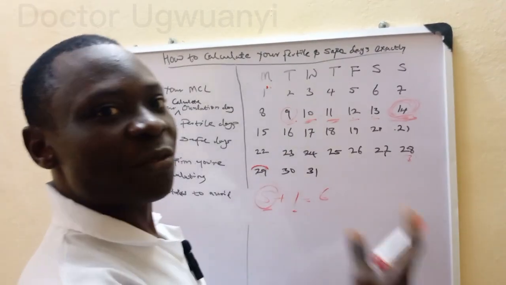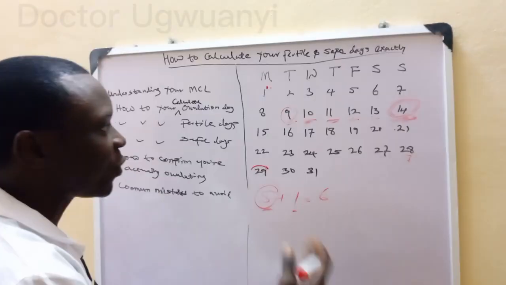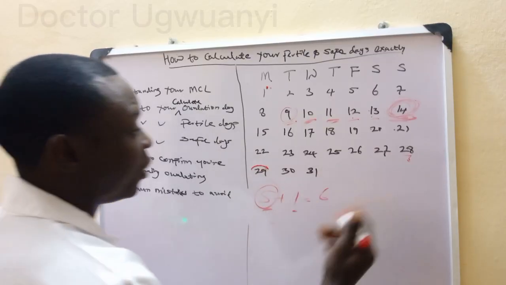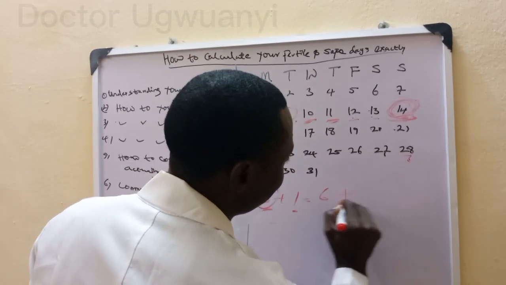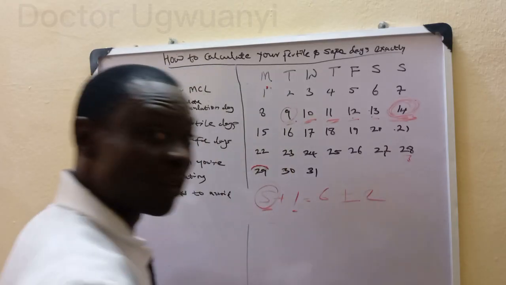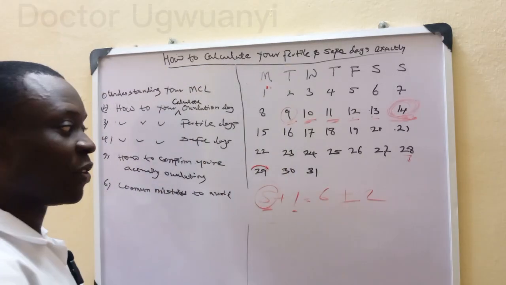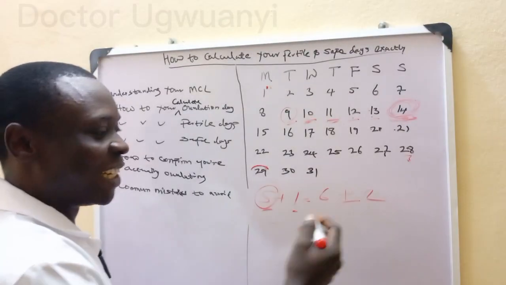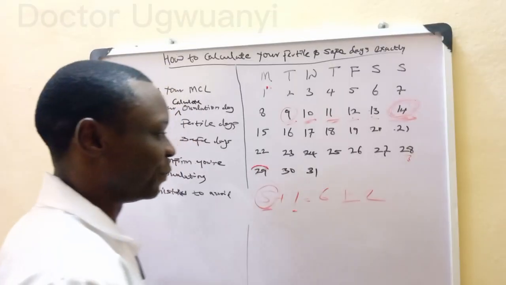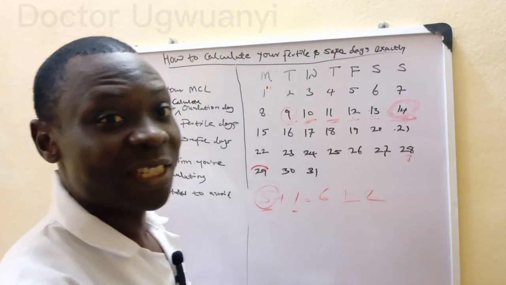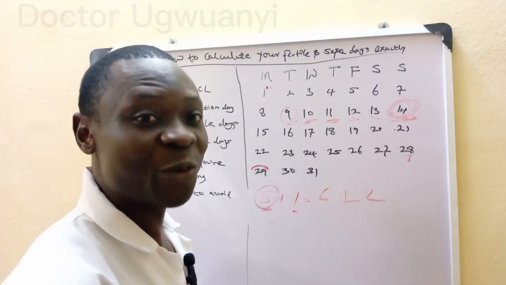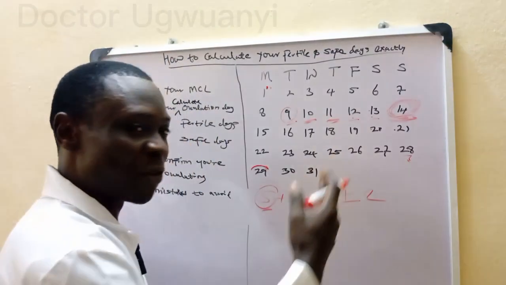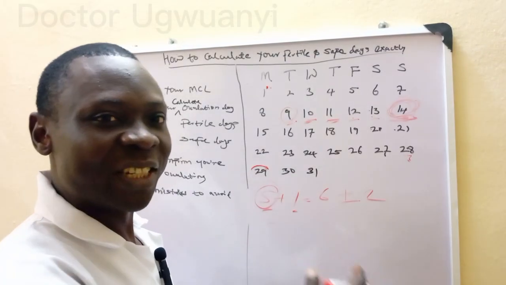But if you are trying to use this method to prevent pregnancy, you need to add an extra minus or plus 2. The reason you are adding this minus or plus is that there are so many things that can affect your ovulation, so it may not happen exactly on schedule.